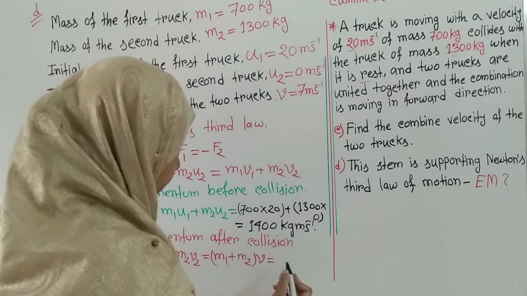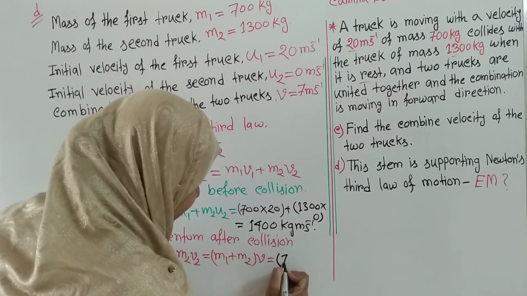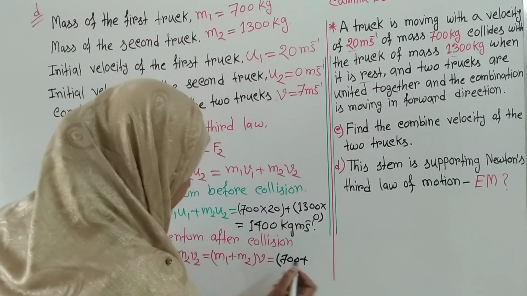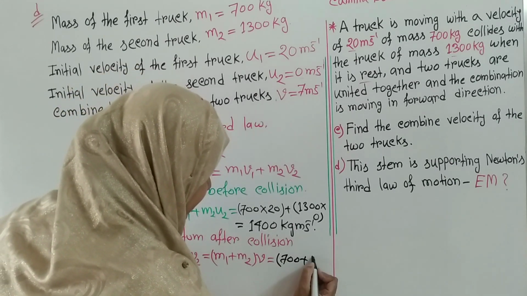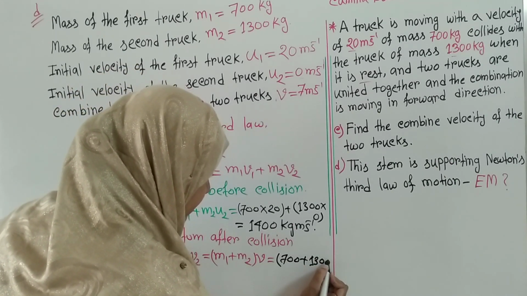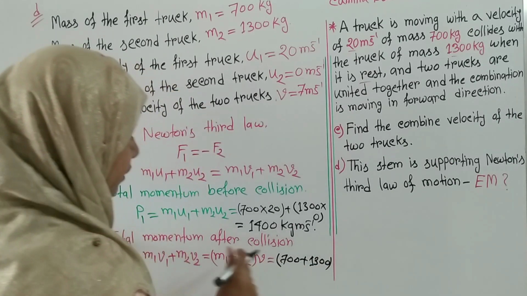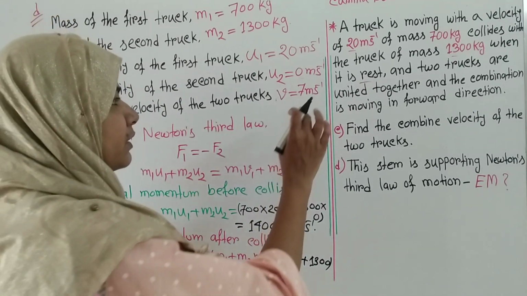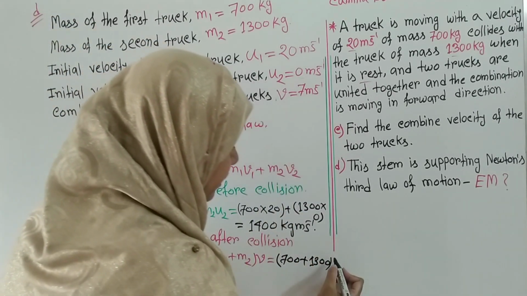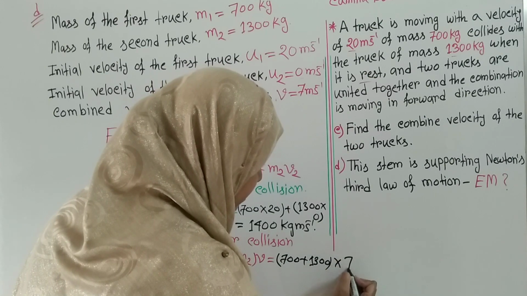The value of M1 is 700 plus the value of M2 is 1300, and the value of V, from C we got V is 7, so into 7.